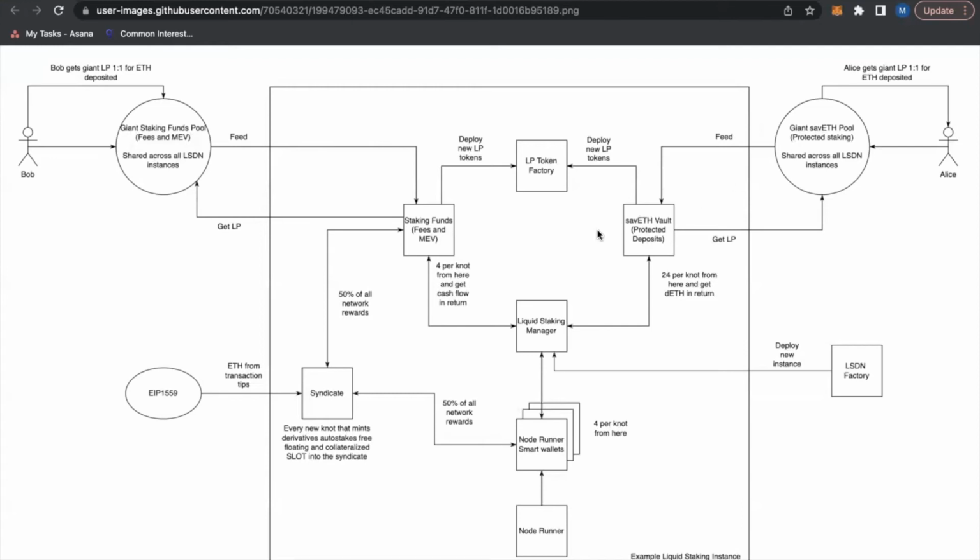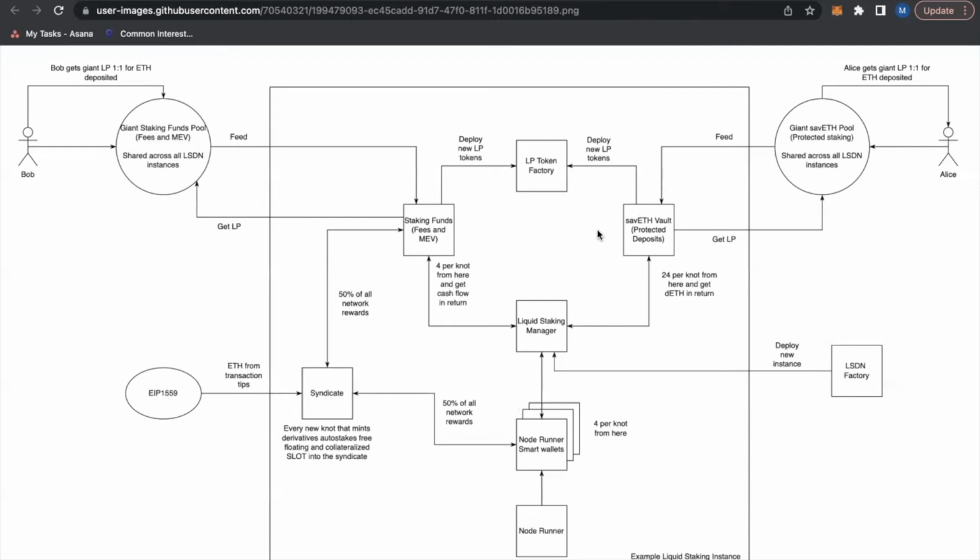But basically, if I'm a big whale and I want to fire and forget, I can just throw a lot of ETH into the giant pools, and node runners that need it for staking, because they're only supplying 4 ETH to set up a validator, can just source this, and so everybody wins.